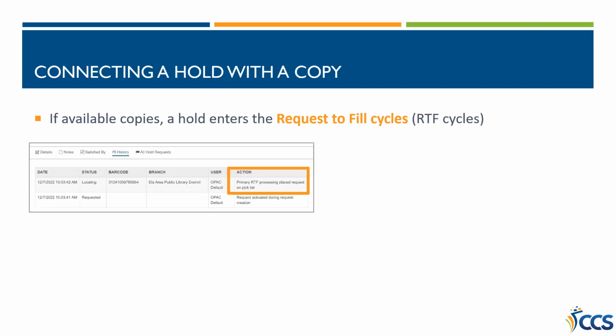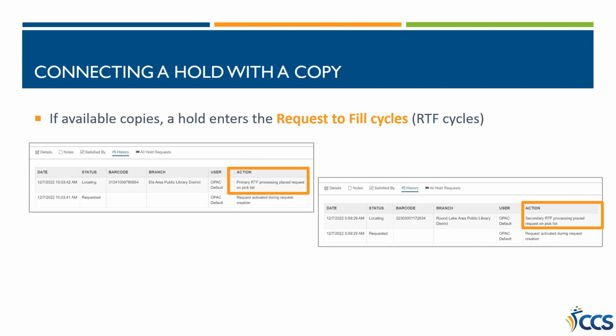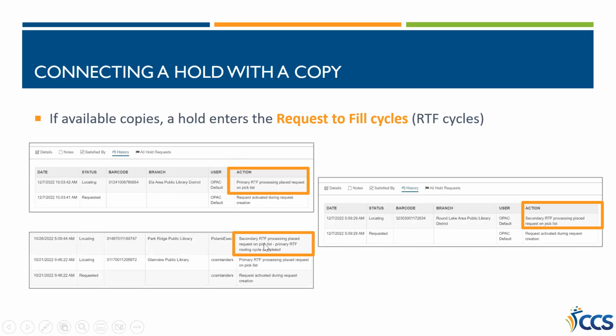You've probably seen entries under the action column in the history tab that say things like primary RTF processing placed request on pick list, or secondary RTF processing placed request on pick list, or primary routing cycle completed, and then it indicates the secondary RTF cycle. So now we're going to learn what process these action entries are tied to.